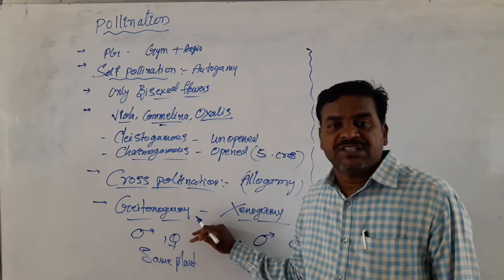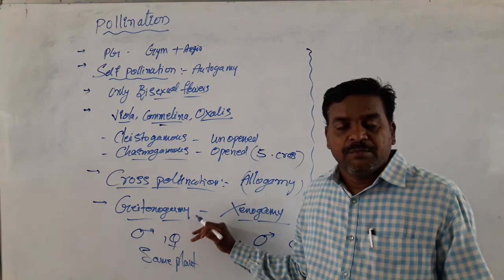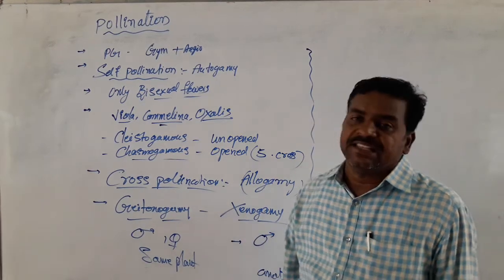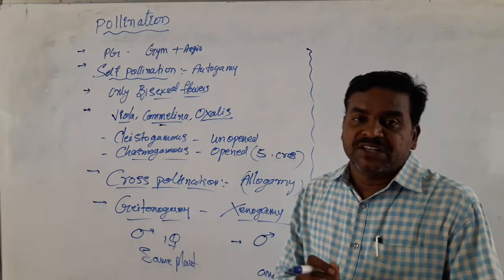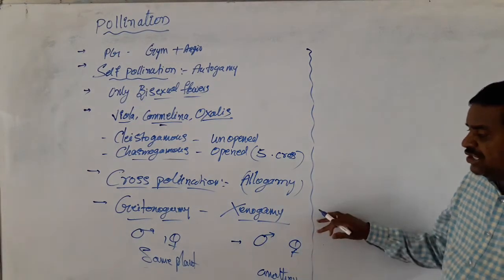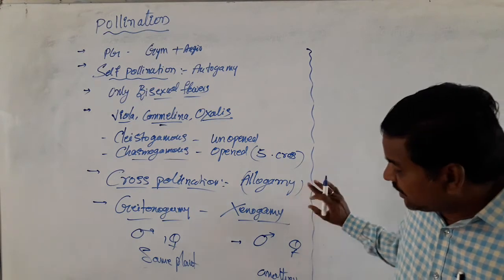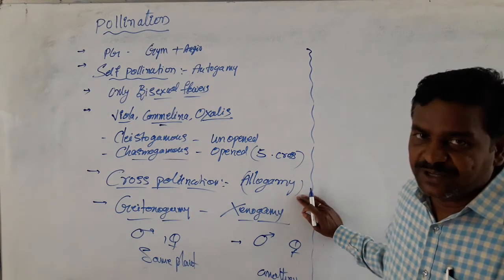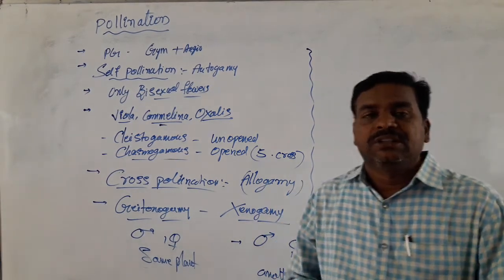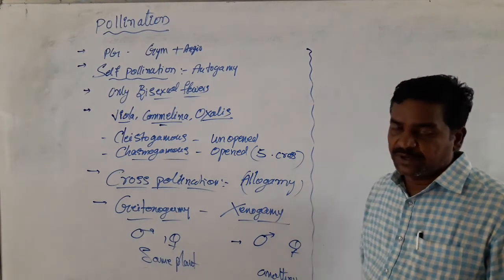Genetically both flowers are present on the same plant and the genetic makeup of both flowers is similar. But xenogamy is genetically and functionally cross pollination, real cross pollination, because flowers are present on different plants belonging to the same species.